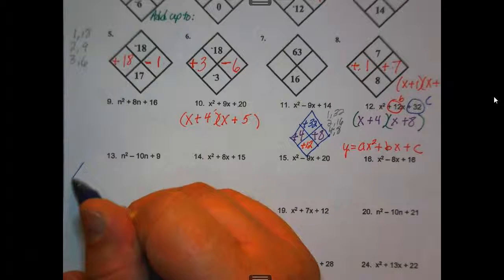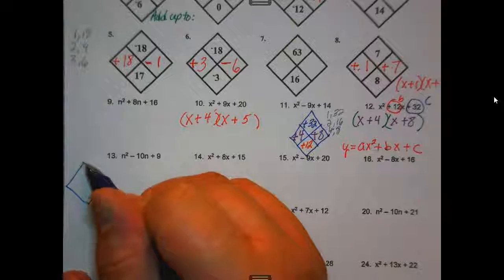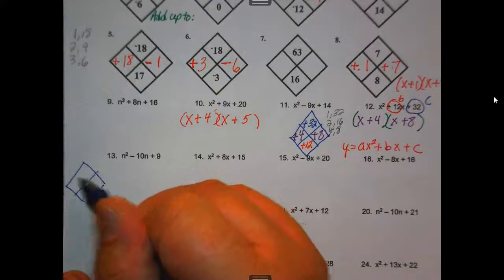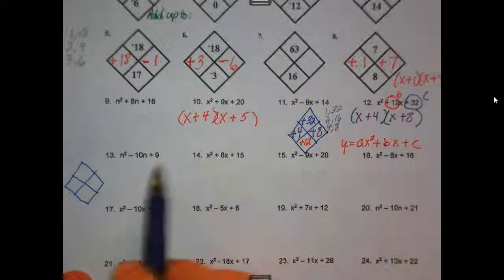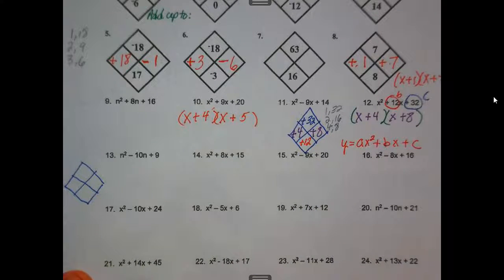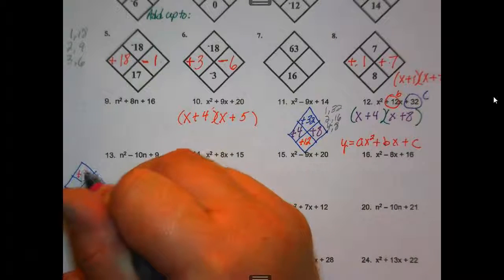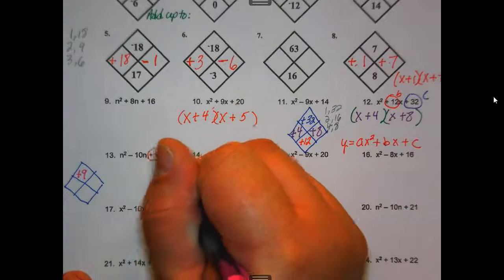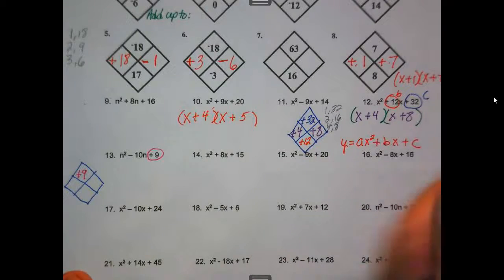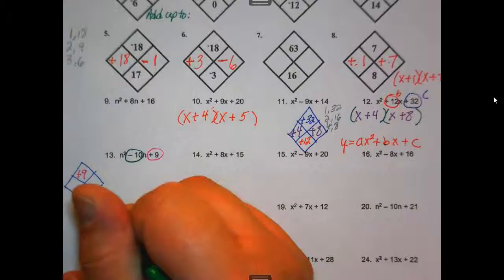Number 13. Okay, my C is a positive 9. My B is a negative 10.